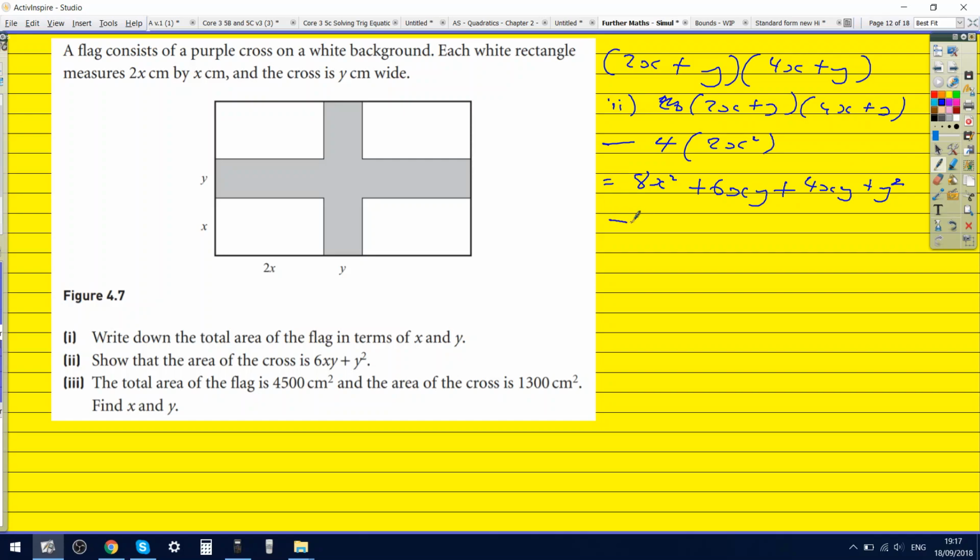And next one. Total area is. Two x plus y, 4x plus y equals 4,500. 6xy plus y squared, the area of the cross, is 1,300.